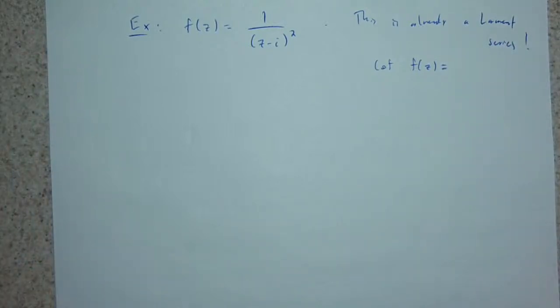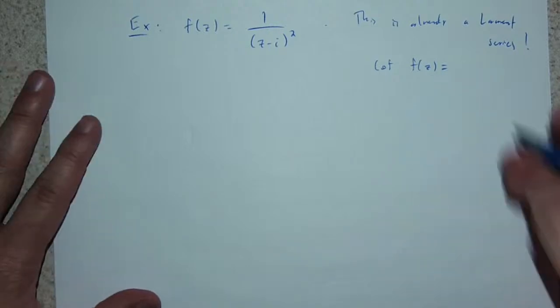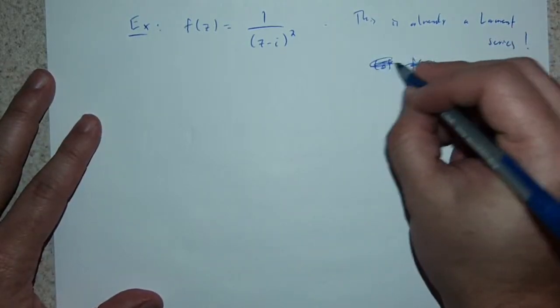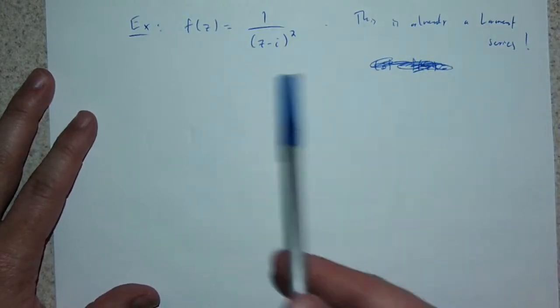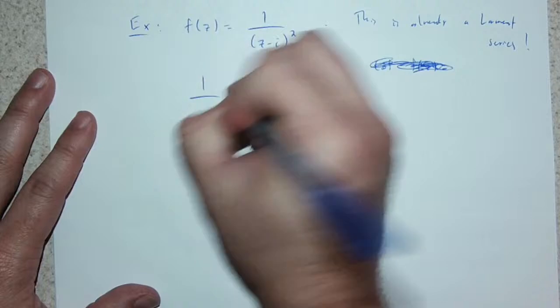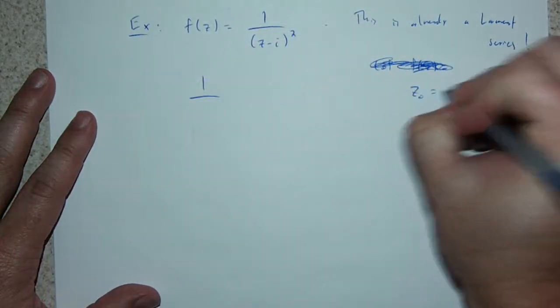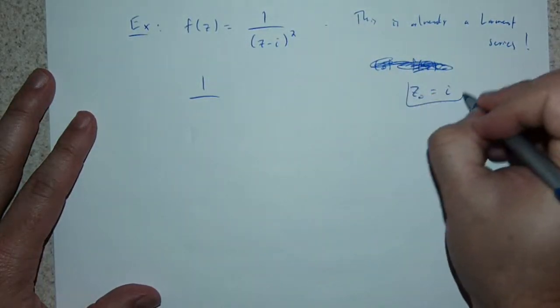Maybe I'll just write out the Laurent series directly here. To see this as a Laurent series, let z naught be equal to i.